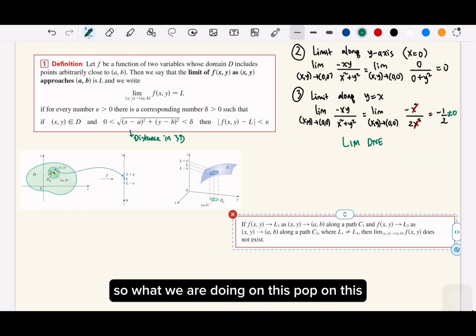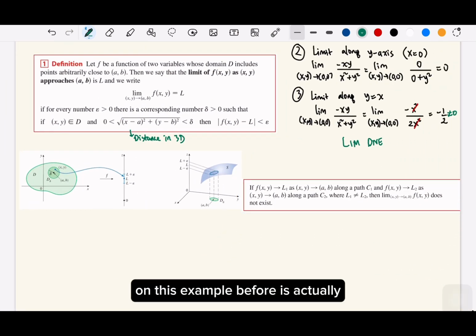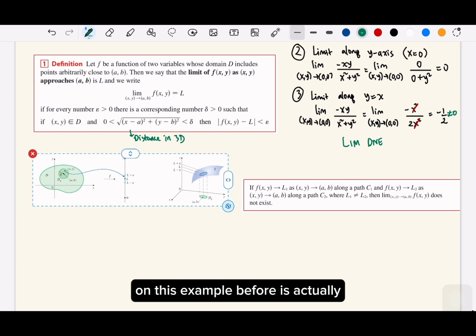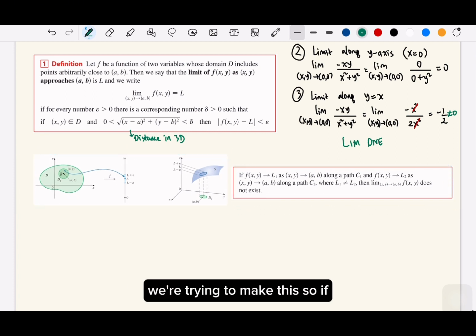So what we were doing in the example before is actually trying to make this.